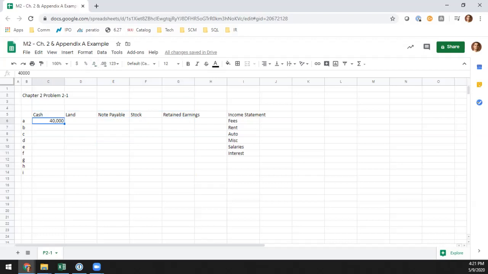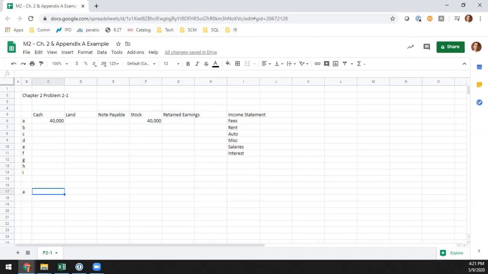Okay, so 40,000 in exchange for capital stock. So in our integrated financial statement, this is what it looks like. Now in our double entry accounting system, it's going to look like this.